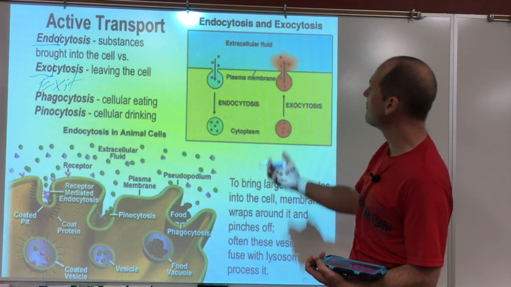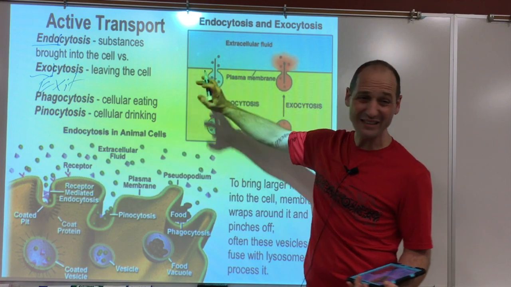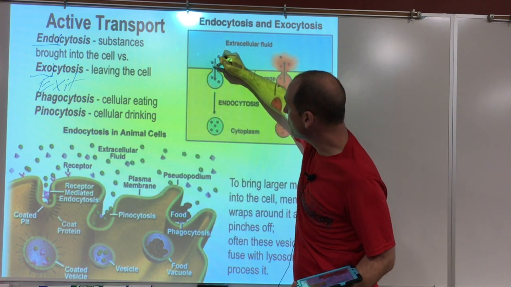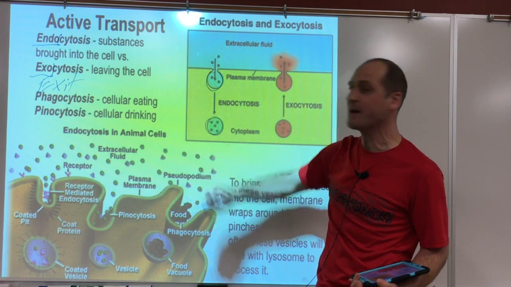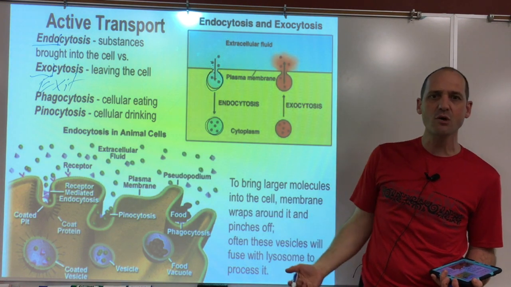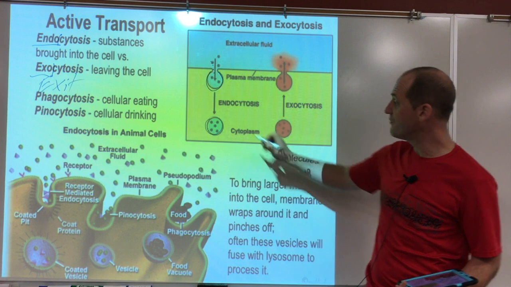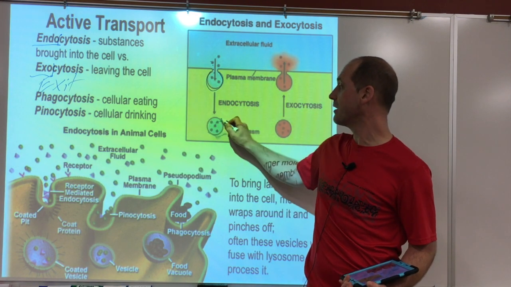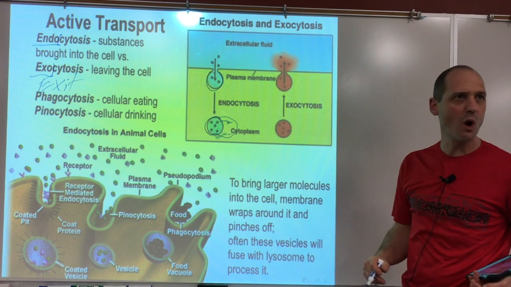So when something like a food particle comes in, often what happens is, look at this, it's pretty, right? We have food particles coming into the cell, and the cell says, oh, look at that, we can bring this in. So it pinches off some cell membrane, and it has the food particles in the membrane. Now we're going to get that lysosome, and we fuse the lysosome together and make a food vacuole lysosome combination.